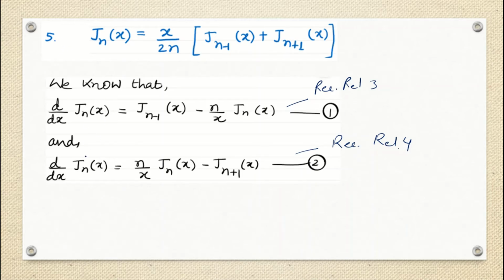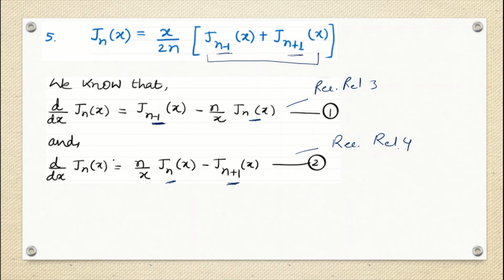If we remember, the third recurrence relation gives the derivative of the Bessel function of nth order in terms of the previous order and the current order, and the fourth recurrence relation was in terms of the current order and the next order Bessel function.